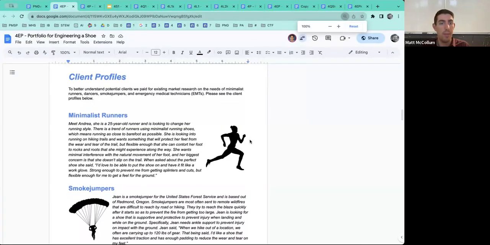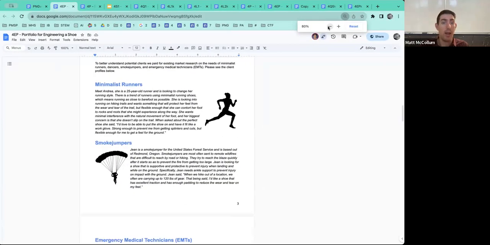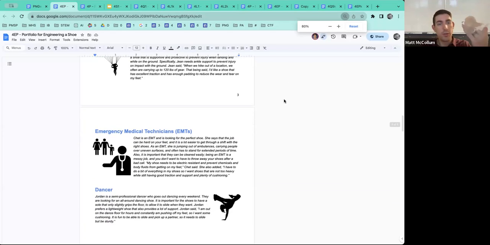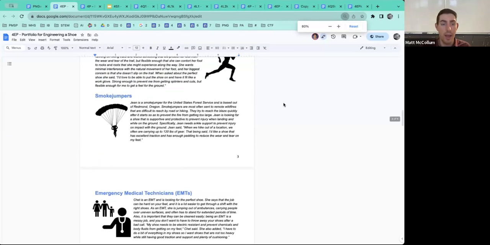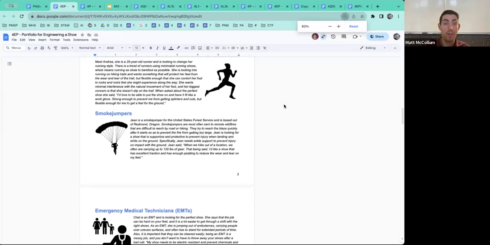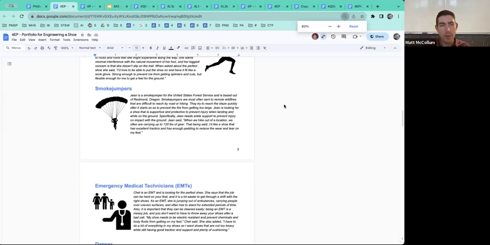This is one that we want students reading and close reading and doing some inferences. So there are a smoke jumper, minimalist runner, EMT, and dancers. These are all different clients that they can profile and are making their design about. And we chose those intentionally.